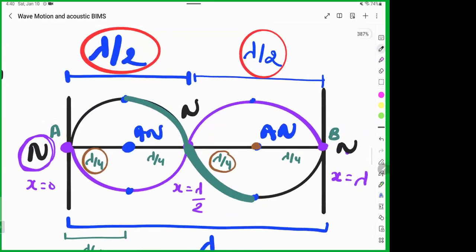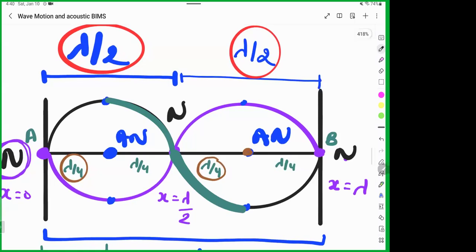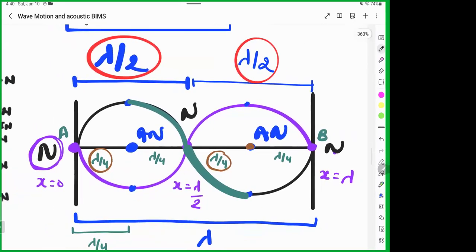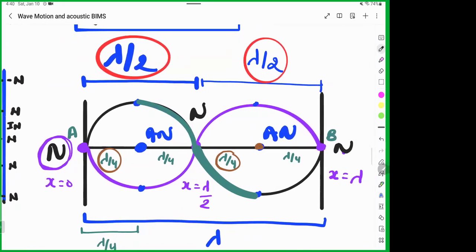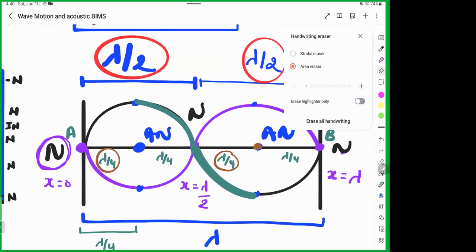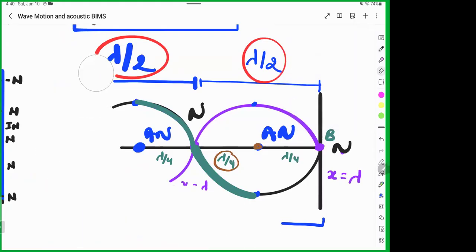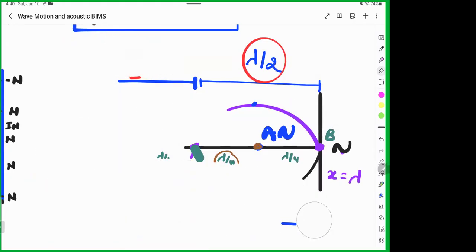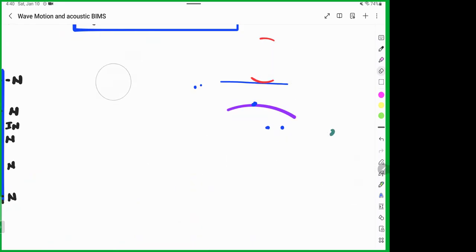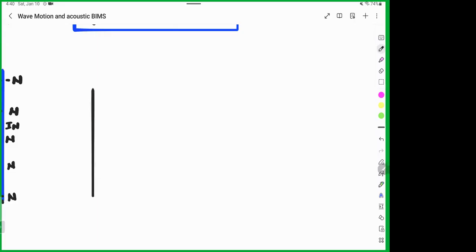So, can we say in this one complete wave, your wavelength will be lambda? Correct? This whole wavelength will be lambda. I will erase this and I'll make this again because this diagram is extremely important. Okay. We are taking a situation where both ends are rigid.